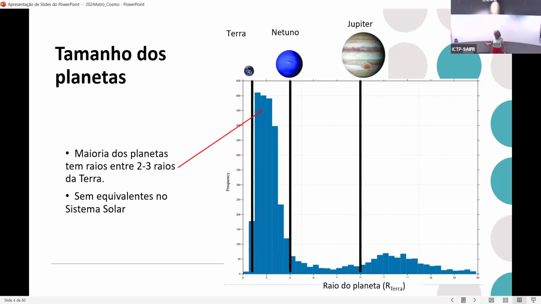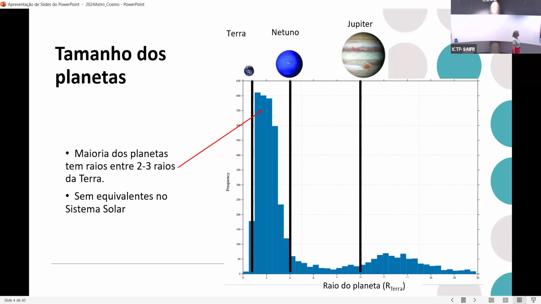Is that an observational bias? Well, it might be an observational bias towards small planets, yes. But we can detect planets down to the size of Mars or smaller. Of course, not all of them, so the population might continue to grow.